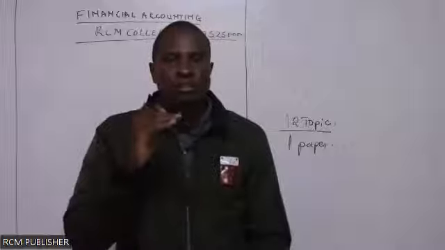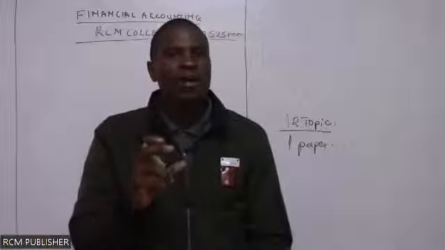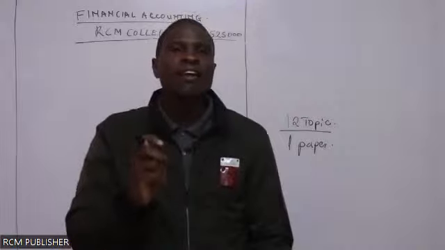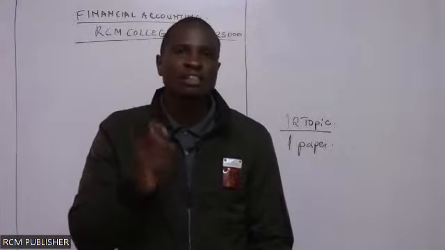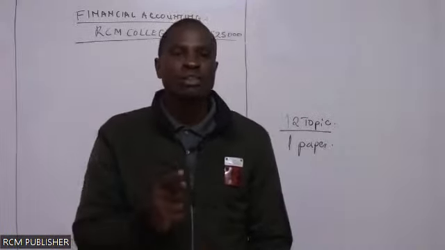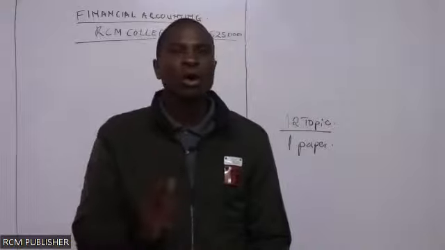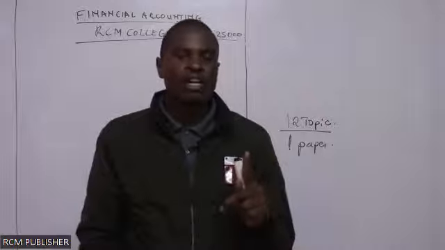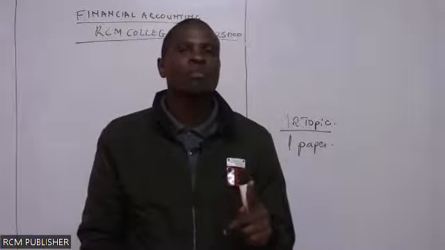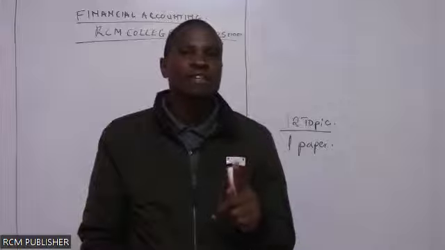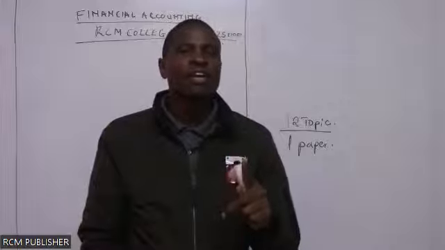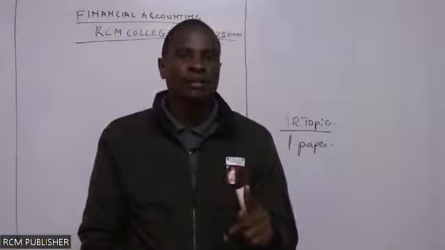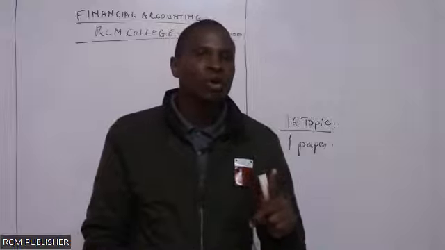Remember, from the source document is where we get the evidence of any transaction. If you are an accountant and you're not able to keep your source documents, that means there's a problem. A source document is your evidence. For every transaction done, there must be a source document.